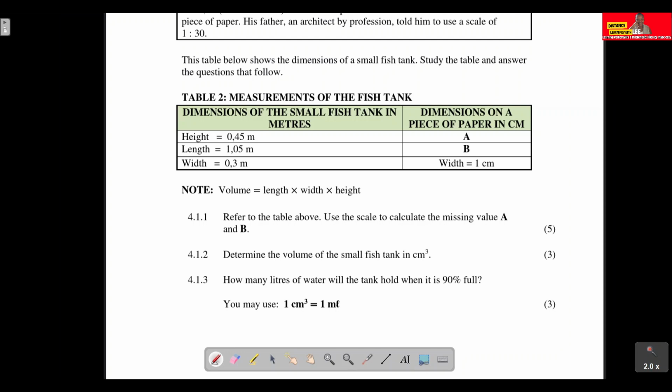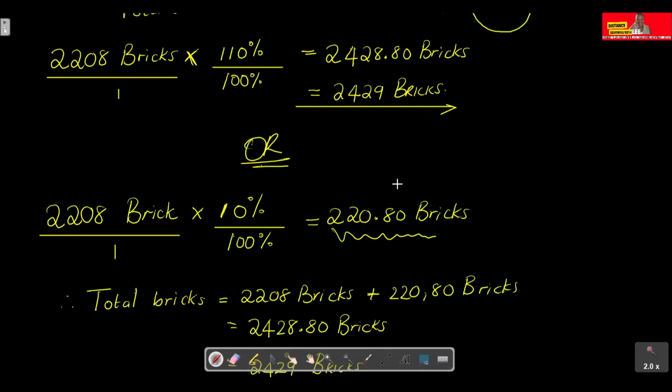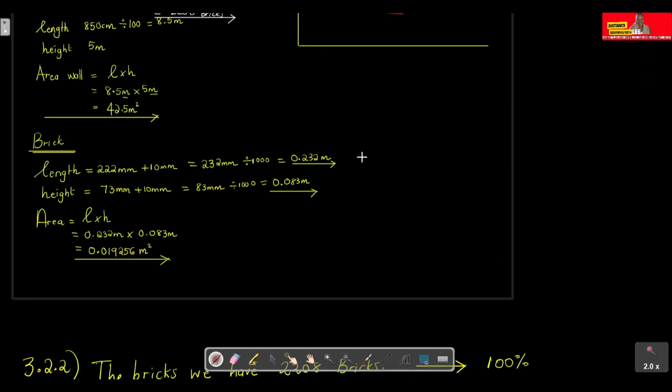So to make my life easy, I'm just going to start off by converting these into centimeters. So I'm going to convert the height. All that we need to do now, guys, is convert this height, the length, and the width of 0.3 meters into centimeters. Already, guys, we've discussed how you do your conversions. I'm just going to refer back to the diagram that we did together in question 3.2.